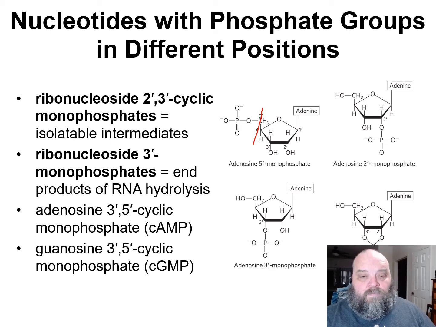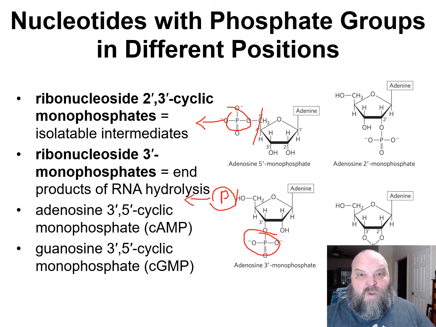So this phosphate group is still attached to the preceding one, as you see right here. The cut right there means that that phosphate group is now attached to whatever preceded it. So it's a remnant, an artifact. But it's okay. It's not like this is all waste.